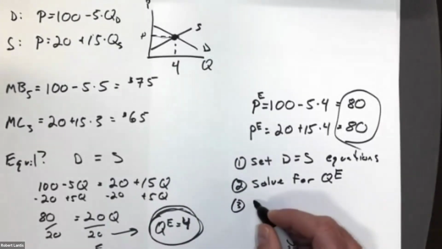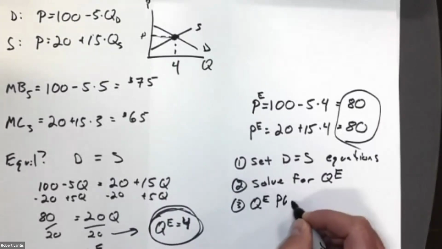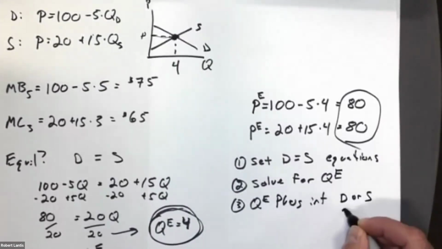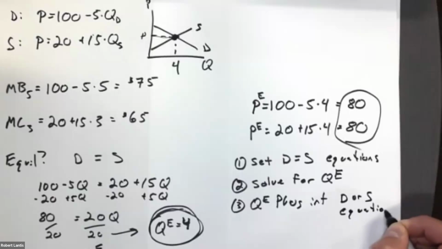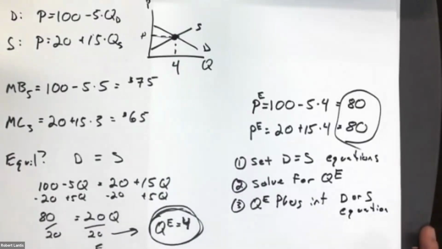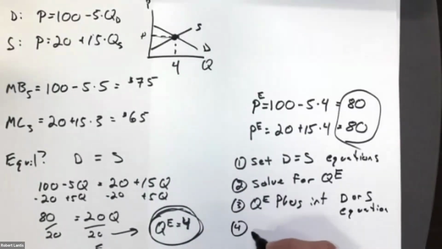You'll then take your equilibrium quantity and plug it into your supply or demand equation, right? You only have to do one. You'll find the same value if you're doing the math correctly. If it was me working through these problems, I would just plug it into both just to make sure I'm getting the same answer. And once you plug it in, you're just doing the algebra to solve for that equilibrium price.